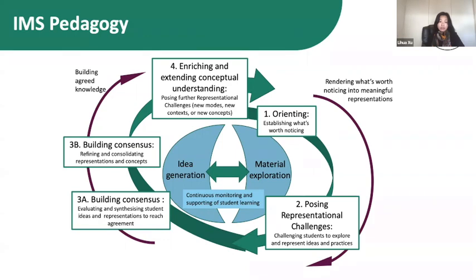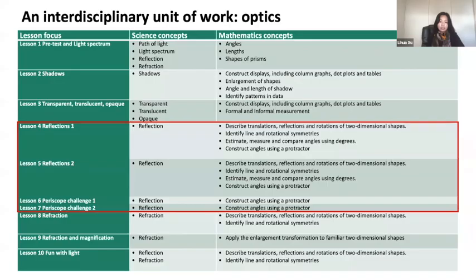The particular focus for this presentation is on the unit of work, optics. As you can see from this slide, each of the lessons is designed to link and connect the science concept and math concept in meaningful ways.